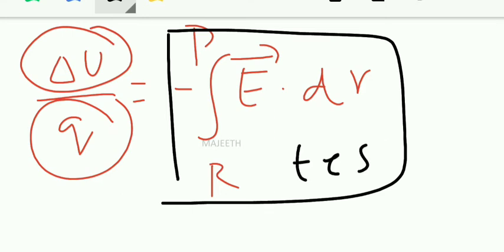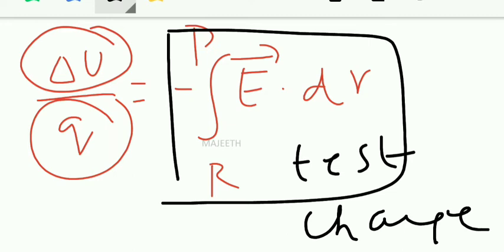We don't have the test charge in the equation. Clear? So this is very, very important.